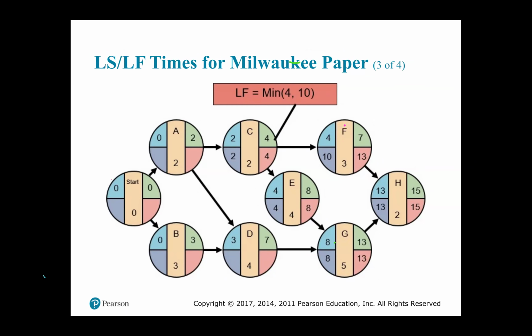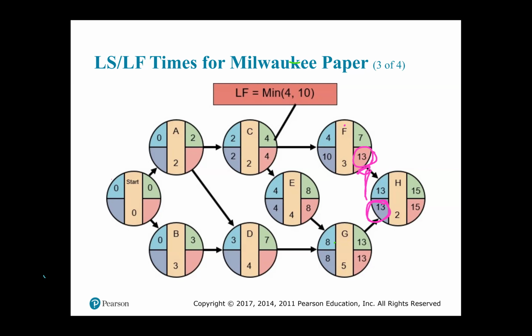So here the 13, that was the late start for H, becomes the late finish for F. Why?